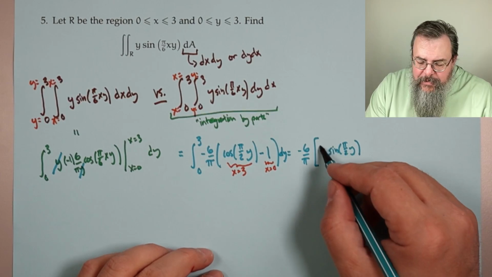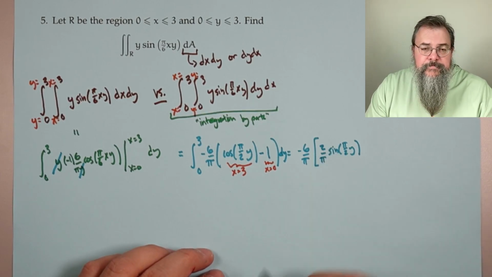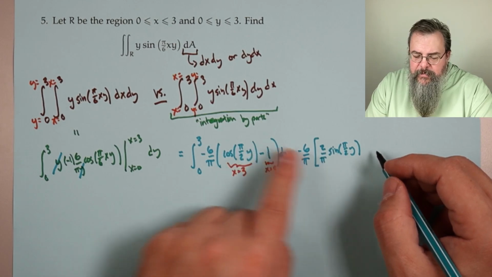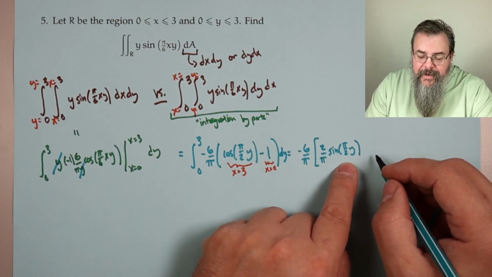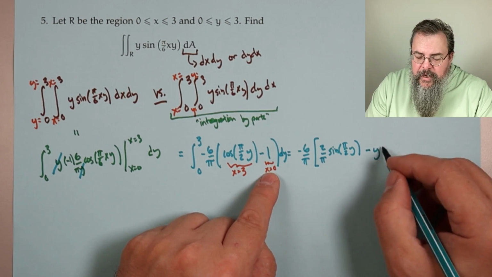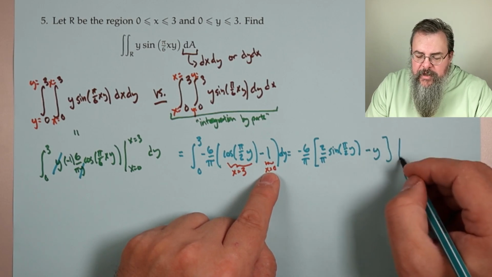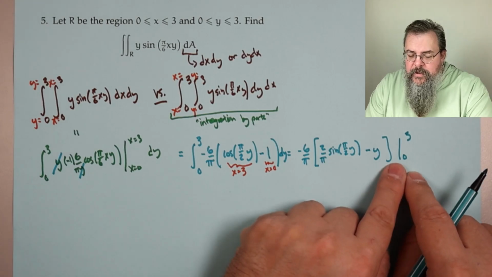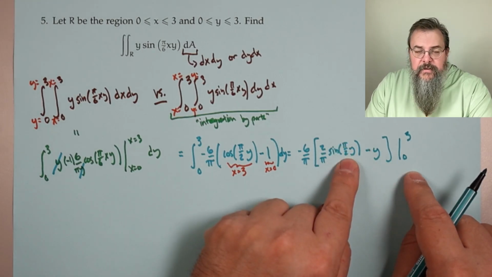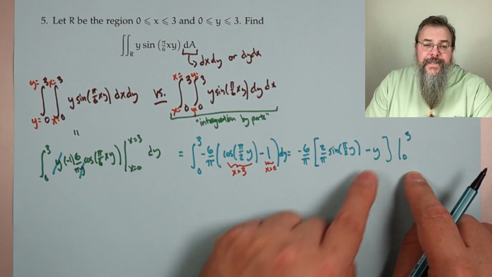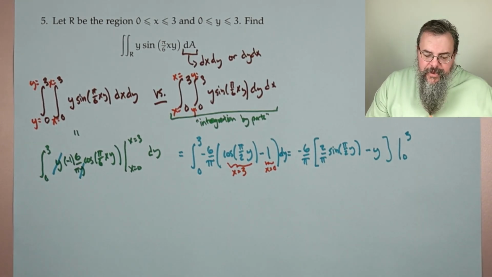So that becomes a 2 over pi. Okay, so that's the integral of cosine pi halves y, 2 over pi sine pi halves y. And then the integral of 1 minus y. And then we're going to evaluate from 0 to 3. Now the good news is we can see when you plug in 0, sine of 0 is 0. And 0 is 0. So we're only going to have to plug in 3.